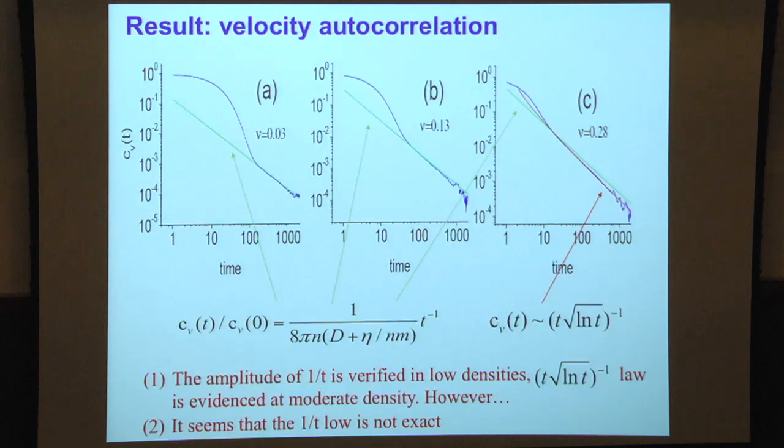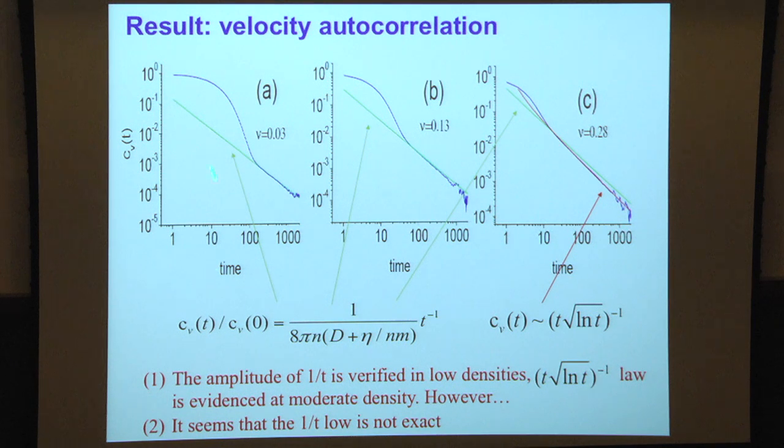And with such confidence, I show the result for the velocity autocorrelation function. In the dilute case, you find the theoretical formulas are perfectly verified, not only the t^(-1) law but also the amplitude.